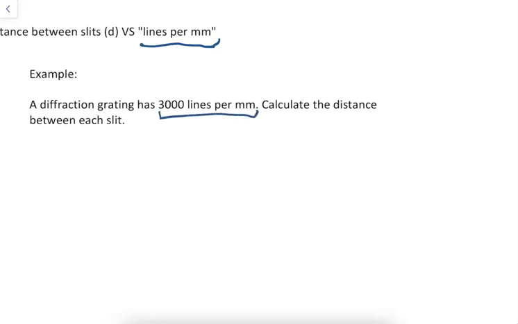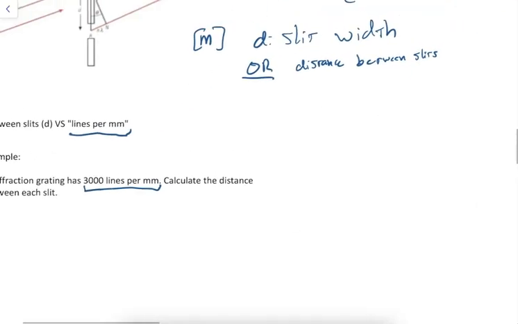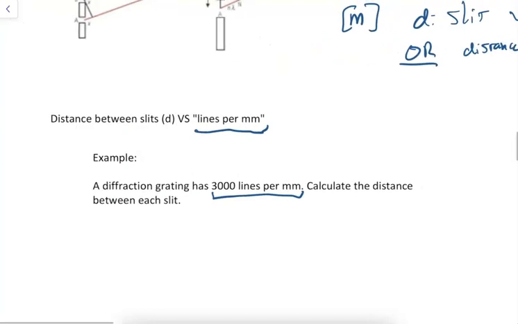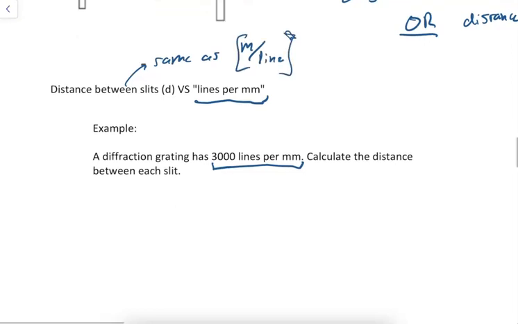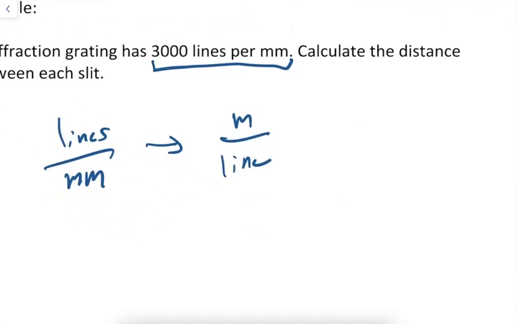So if we have 3,000 lines per millimeter, and I want the distance between slits, well, even though it's meters, it's also like meters per line. So how do I take lines per millimeter and convert it to meters per line? I just need to rearrange.